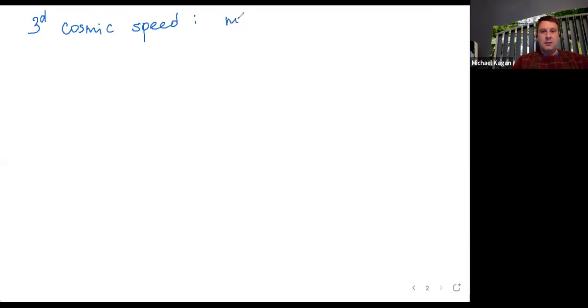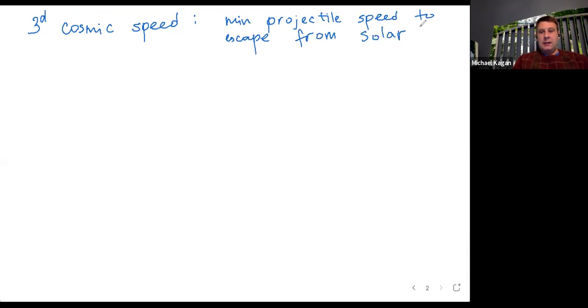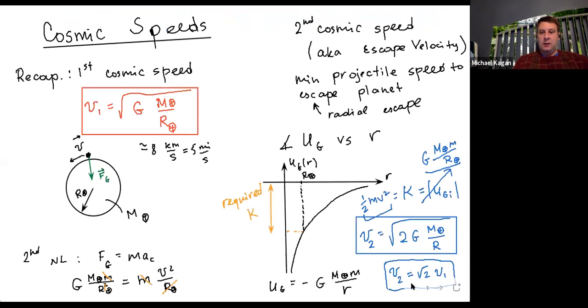Okay, so the minimum projectile speed to escape the solar system. So technically, it's another escape velocity. So you should be able to use this formula down here.